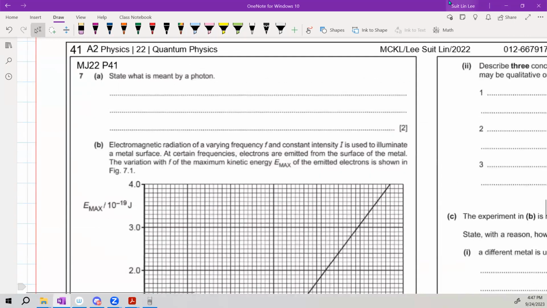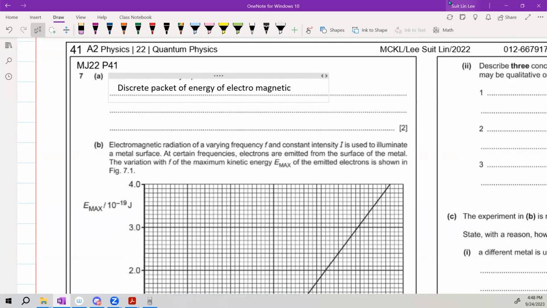I won't panic first. I will define what is a photon. We defined it just now already. It's a discrete packet of energy of electromagnetic radiation. And I'll give them the equation also. I don't think in recent years the equation is necessary. I always write the equation, just to show how discrete it is.